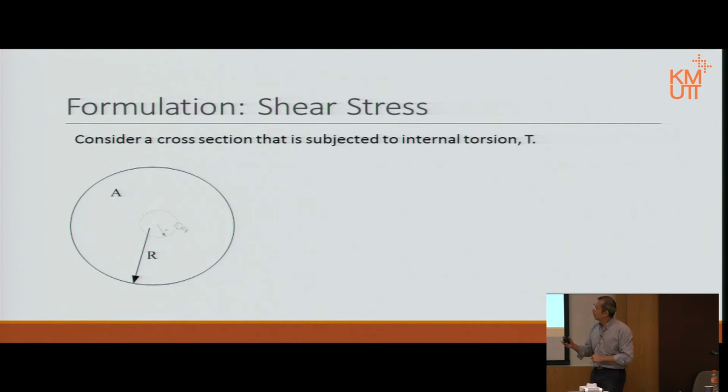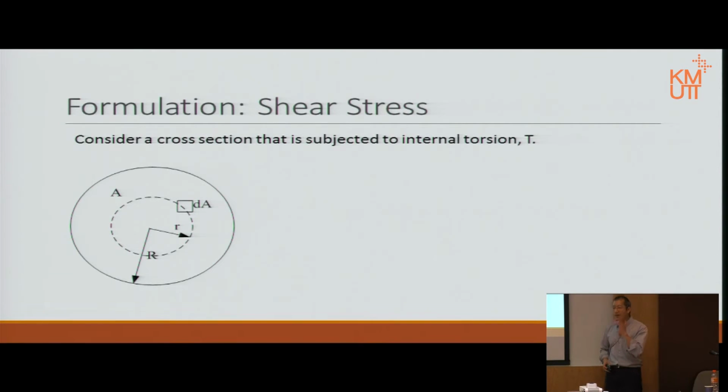Then we should look at a small area, dA. Because we know that the strain changes with the radius, remember, gamma, the shear strain, varies with radius, meaning the stress, which relates directly to the strain, must vary with the radius from the centroid as well.